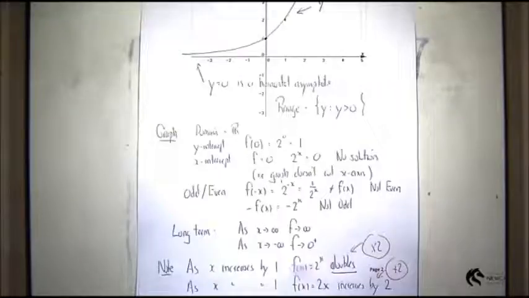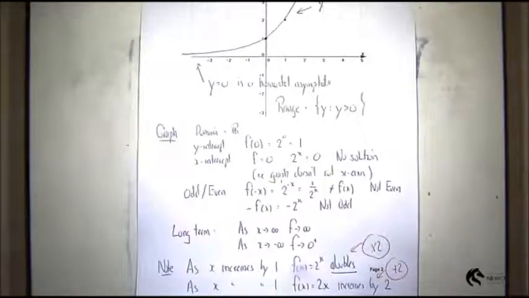So that is what happens at 1, this is what happens at 2, so that will be there. What happens there is the same, what happens here is here. So what I end up doing, because this is minus x here, is I end up reflecting in the y-axis. So the graph of 2 to the minus x actually goes this way, like that. So that's the graph of 2 to the minus x.